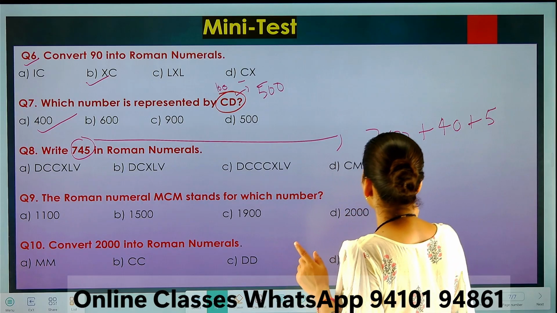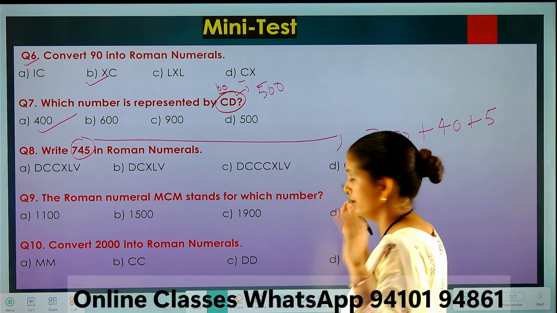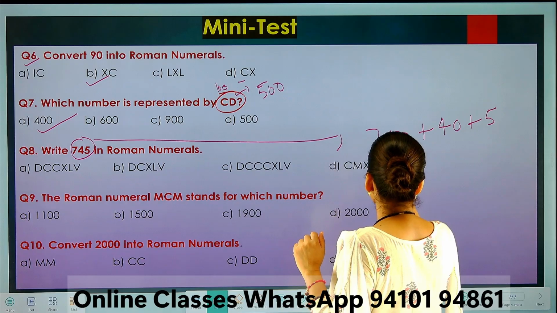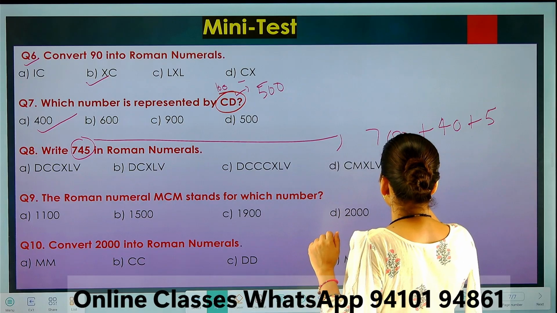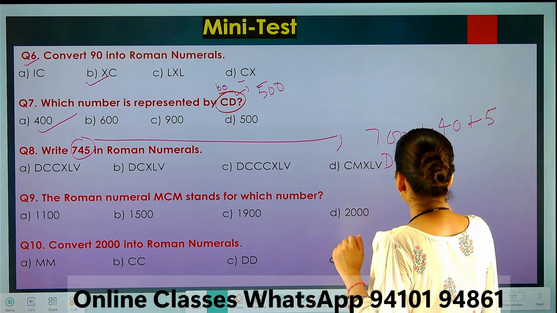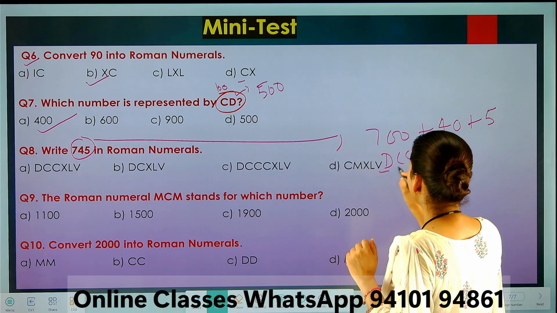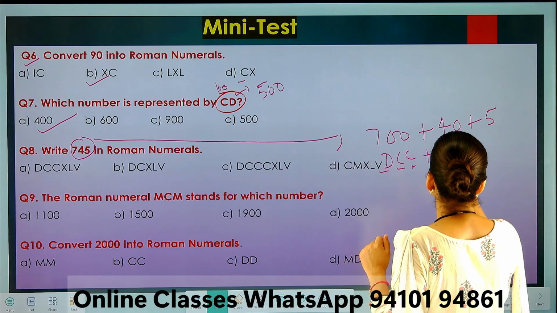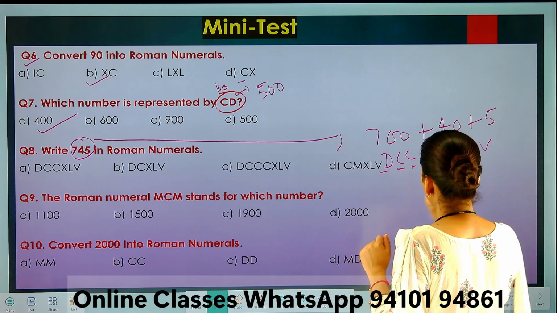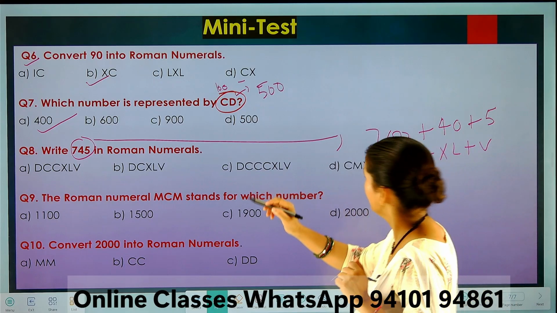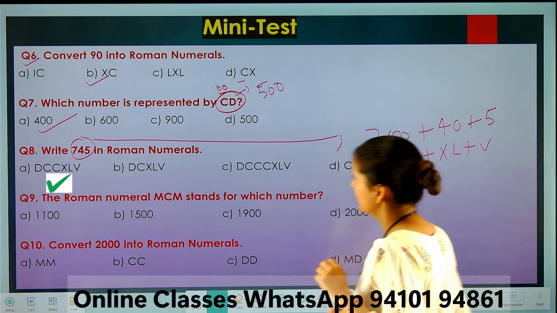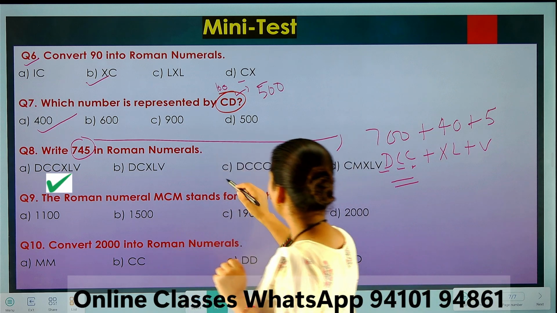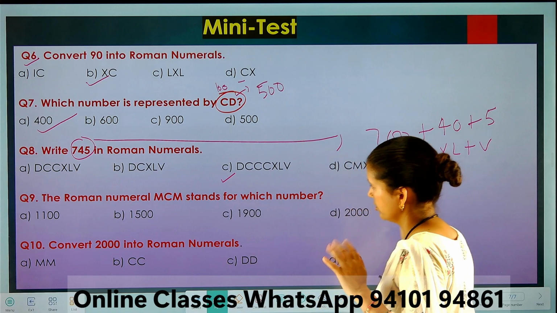How will we write 700? 500 plus 200. 500 is D, 200 is 100 C, 100 C, double C. Means 500, 600, 700, plus 40 is XL, plus 5 is V. So where is D double C XL V? D double C XL V. This is the correct option.